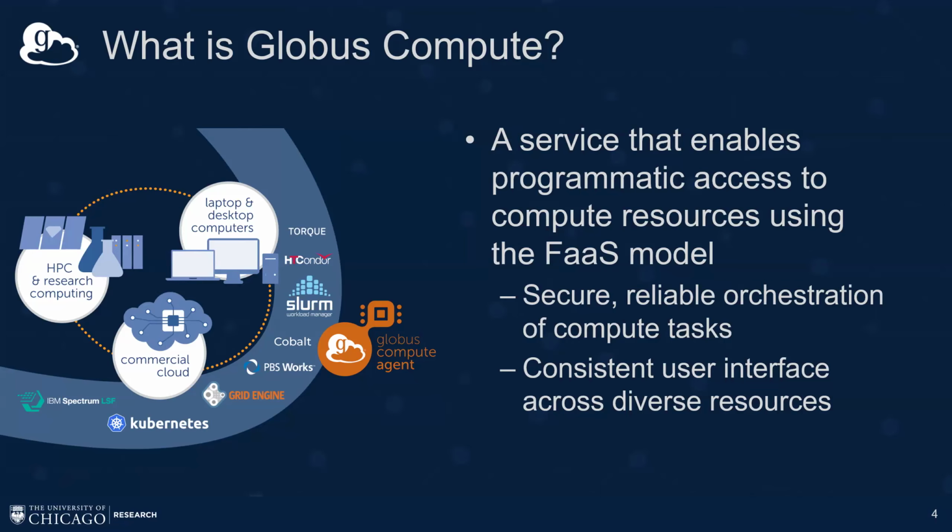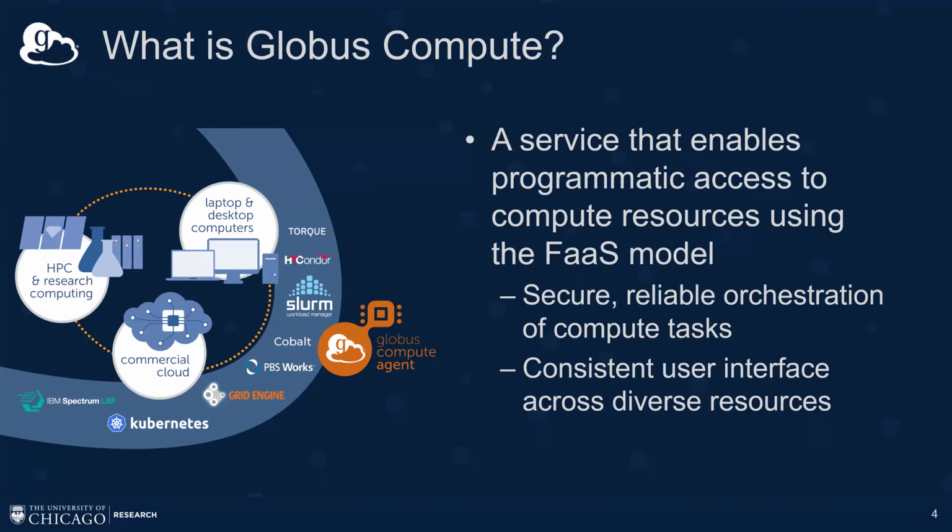And resources can be a single server with a local process pool, or a Slurm cluster, or a Kubernetes cluster, or PBS, whatever you need, deployed on laptop, desktop, cloud resource, supercomputer, whatever. That all looks the same and can take tasks.